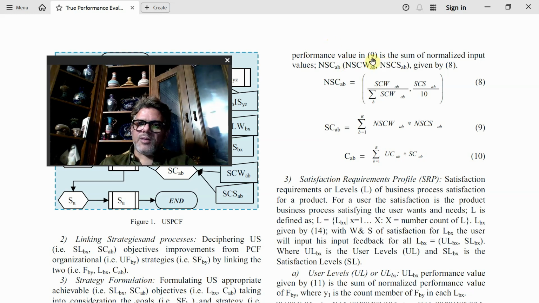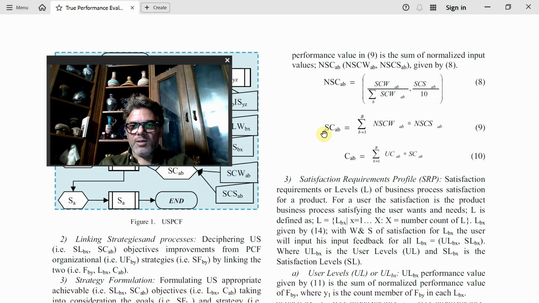Performance value N9 is the sum of normalized input values. So normalized satisfaction categories has weight and score. The weight is divided by the sum of all weights, and the score is divided by the highest value, or the sum, which is 10. 10 steps. Don't put like 1 plus 2 plus 3. No, it's 10 steps.